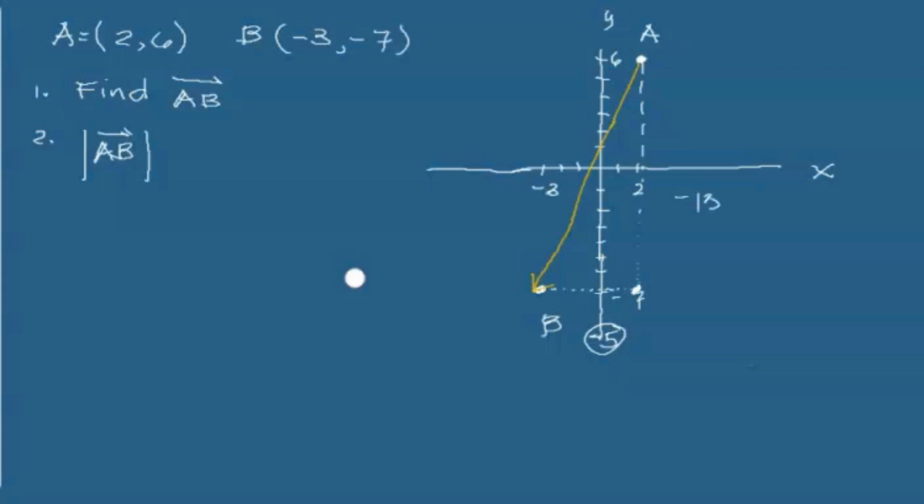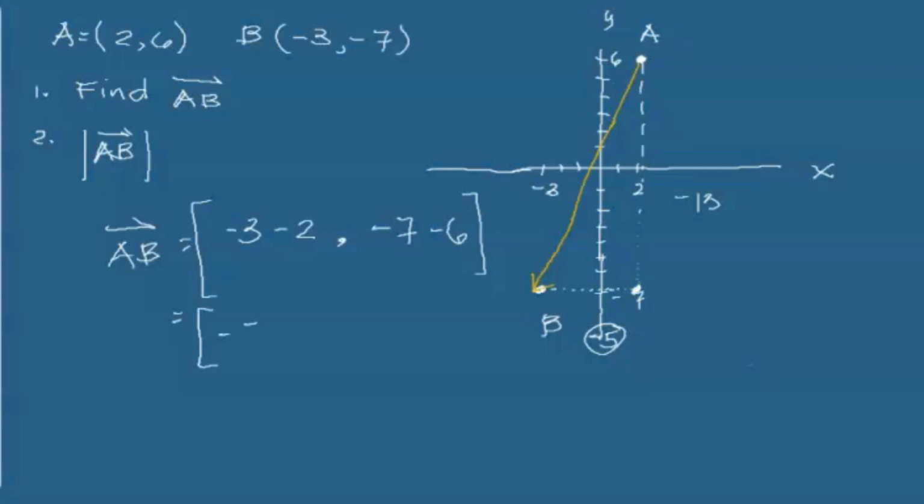Okay. So how do we represent that? So vector AB is equal to the x component, so negative 3 minus 2, and the y component is negative 7 minus 6.